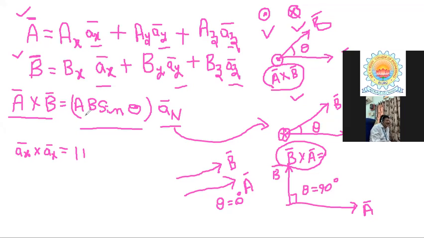So sine 90 becomes 1, and you get AB times the unit vector an bar. So that is the maximum. You will get the maximum magnitude of the cross product once the angle between A and B is 90 degrees.